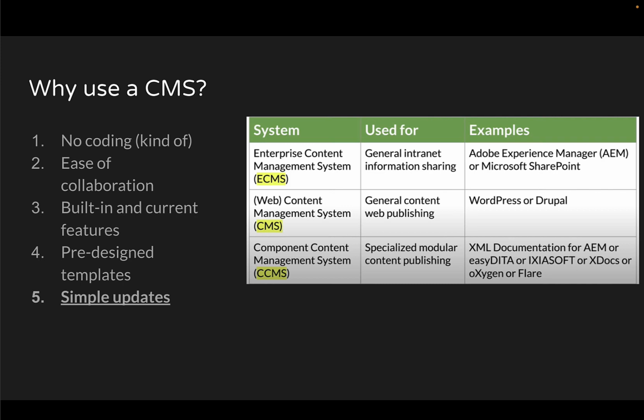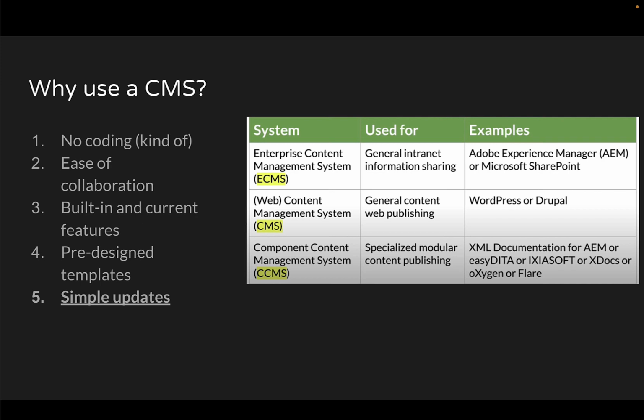There are so many different free layouts, templates, plugins, all kinds of things that can help you build your site. Number 4, there's pre-designed templates, so you don't have to be a trained graphic designer, though it certainly helps, because you can use some pre-designed templates.